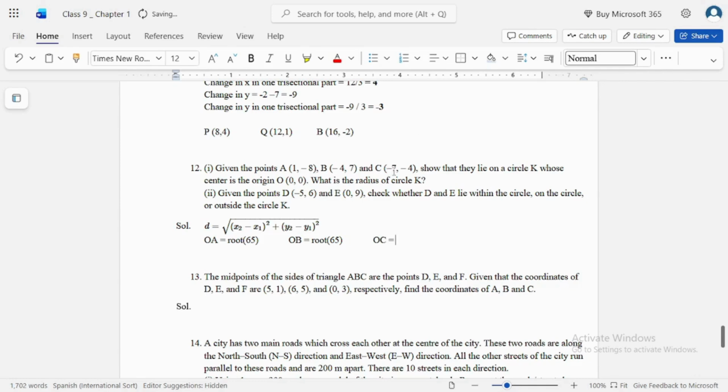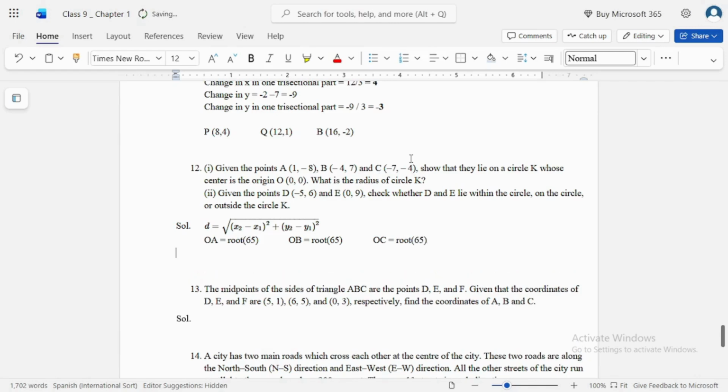This is square root of 49 plus 16. Yeah, this is also the same, root of 65. So like all OA, OB, OC are the same, so we can say that points A, B, C lie on a circle, and the radius of the circle will be root of 65.